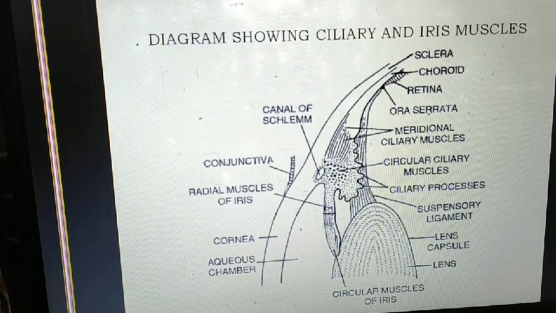It contains muscles like circular muscles and radial muscles. The circular muscles are also known as sphincter muscles, whereas the radial muscles are also known as dilator muscles. These muscles are ectodermal in origin.